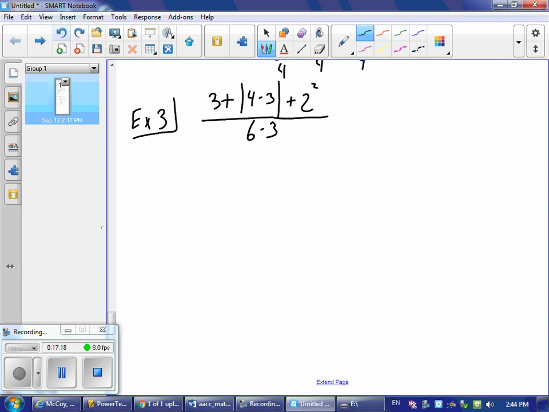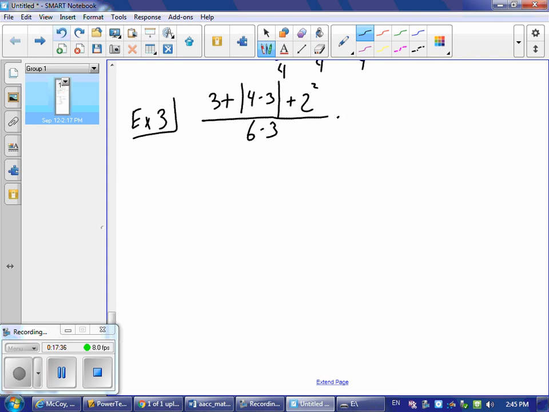So again, don't forget the entire numerator is a parentheses, the entire denominator is a parentheses. You can work those two parentheses at the same time if you want to, but you have to simplify them completely before we can deal with the division of the fraction.